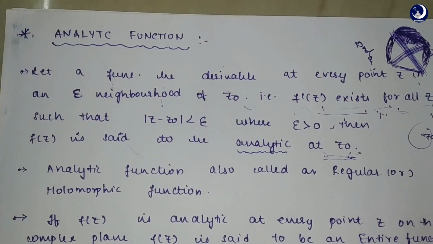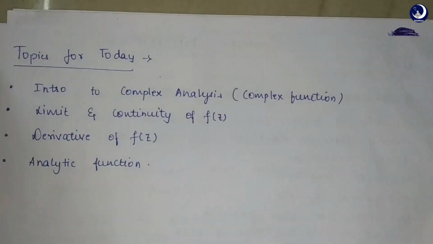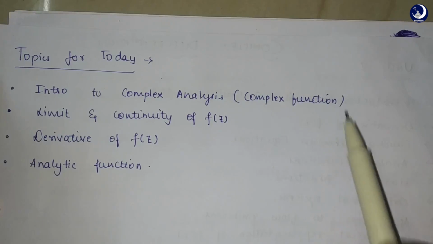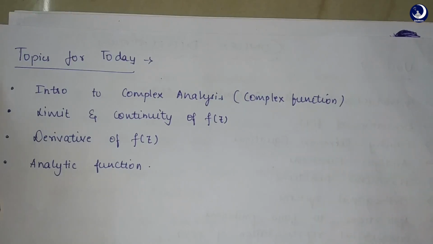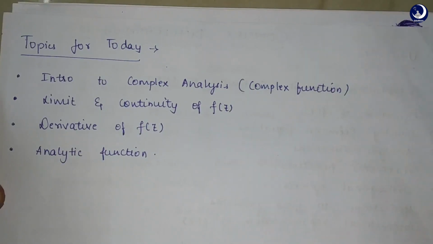So for today we have discussed the introduction to our complex function. I've told about the z plane and w plane, z equals x plus iy and w equals u plus iv, which are a complex number and a complex function, and the limit and continuity. It's just so simple, like how we define for real numbers.